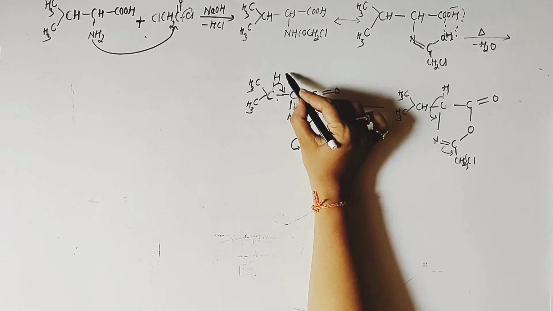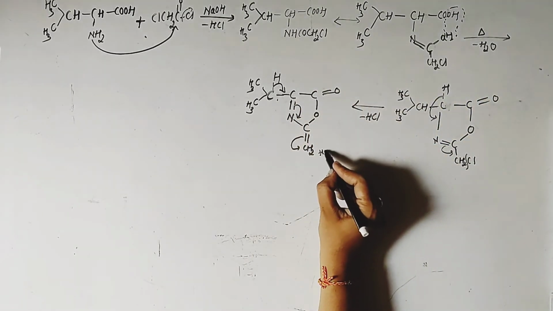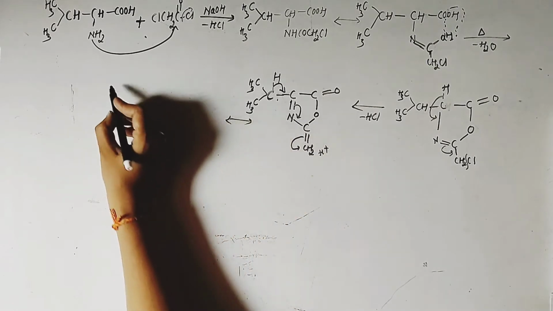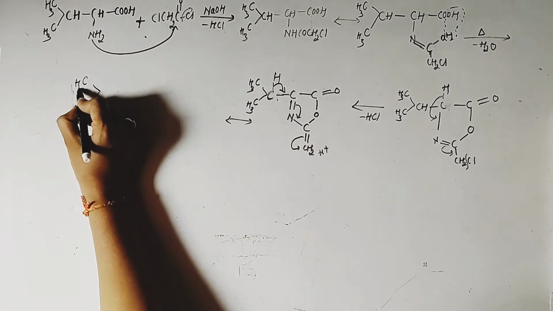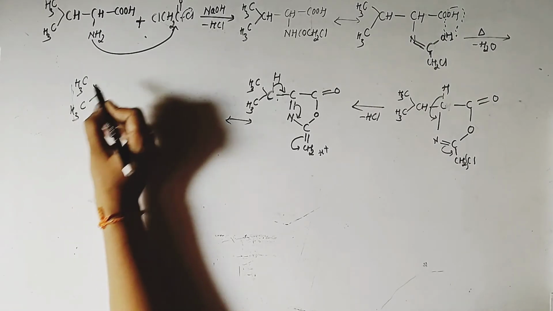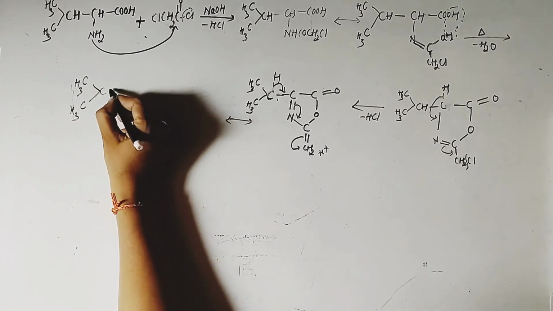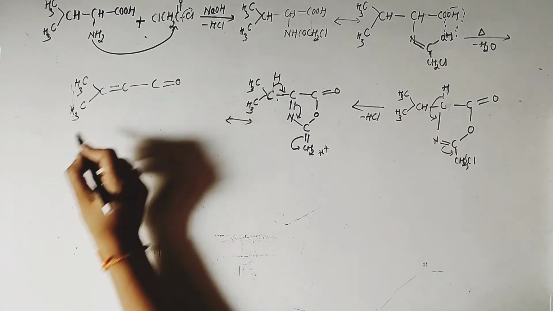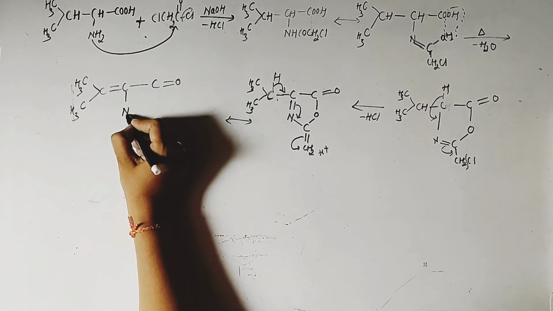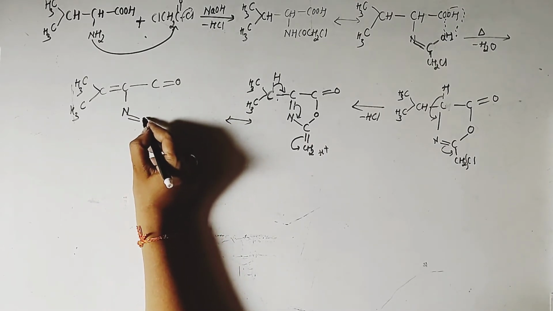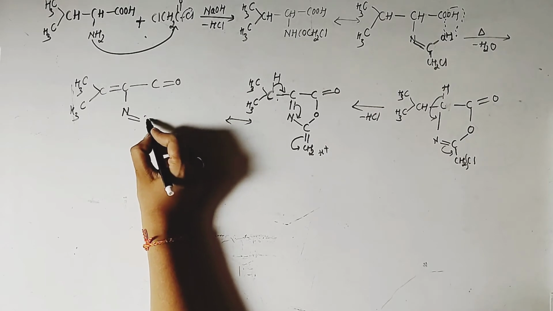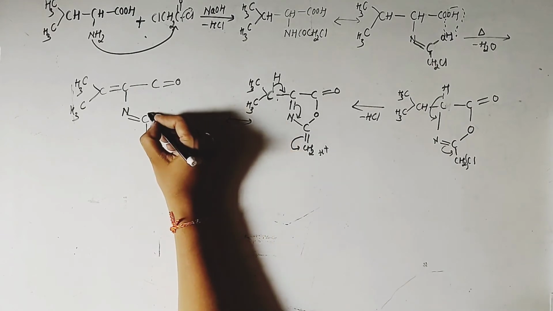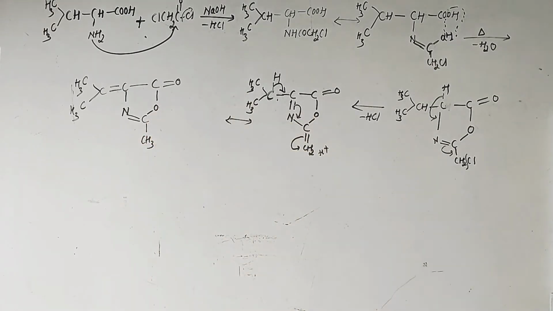Here the removal of one hydrogen will take place, and here the addition of one hydrogen will take place. So the remaining structure that we get is CH3, there is no change, and here a carbon to carbon double bond will form. On this side no change. Here there is a carbon to nitrogen single bond, and here we get a nitrogen to carbon double bond, and here a methyl group, similarly the same.